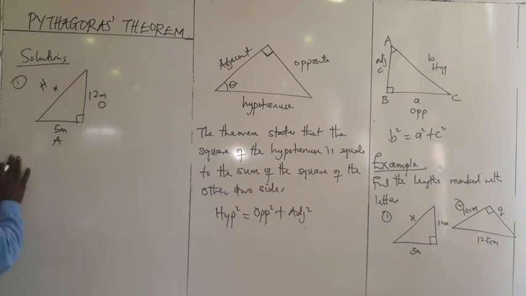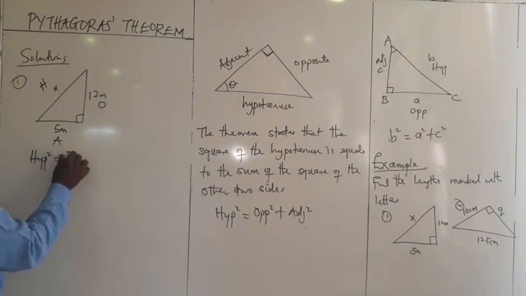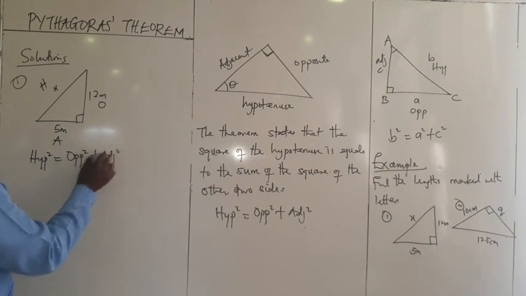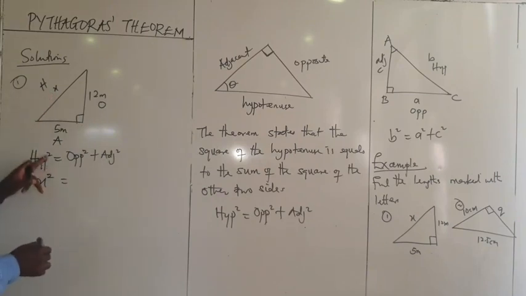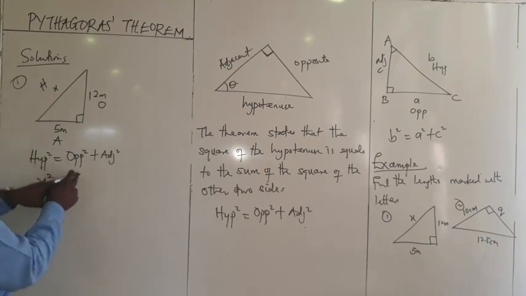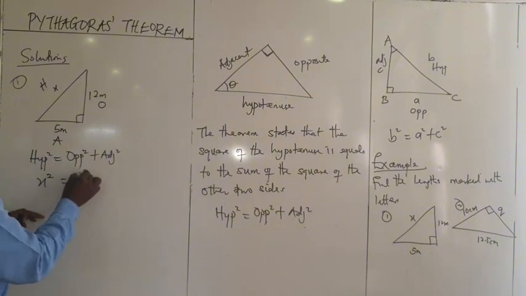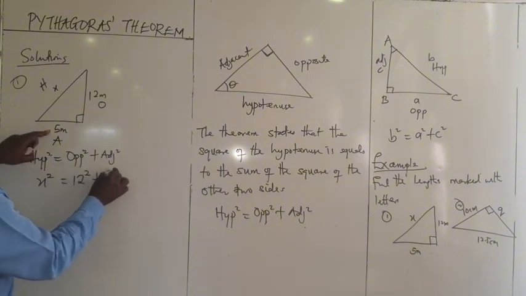Now the rule. We have to write out the rule. Hypotenuse squared equals opposite squared plus adjacent squared. The hypotenuse is x, so that will be x squared. Please don't write only x; it is x squared. Then opposite squared is 12 squared, and adjacent squared is 5 squared.